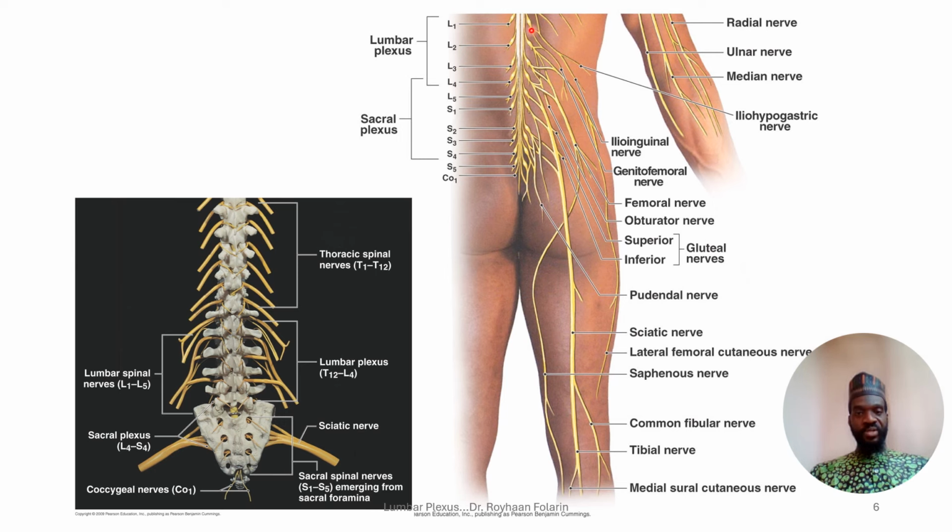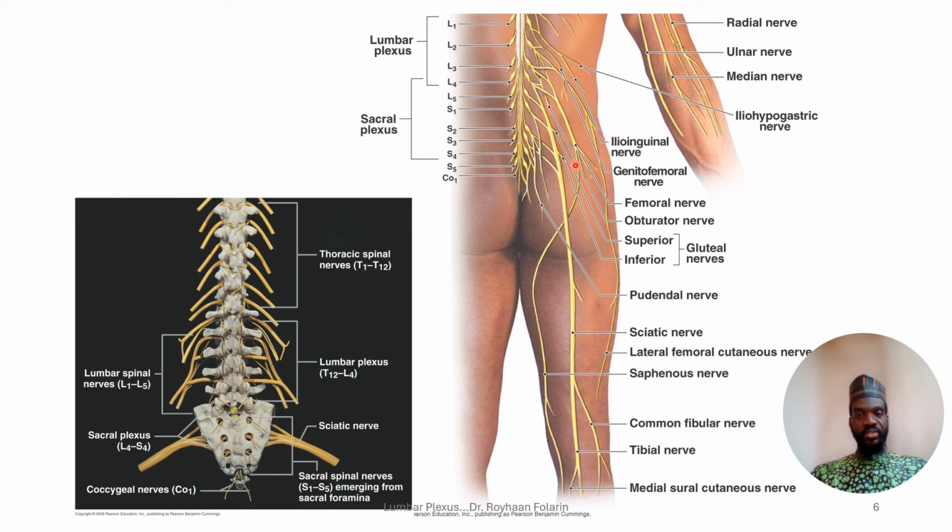So from the L1, you'll see two nerves emerging. You can see the iliohypogastric nerve. Okay, we'll come to the function of each of these nerves subsequently. And you have another nerve, the ilioinguinal nerve. Okay, you also have the genitofemoral nerve.